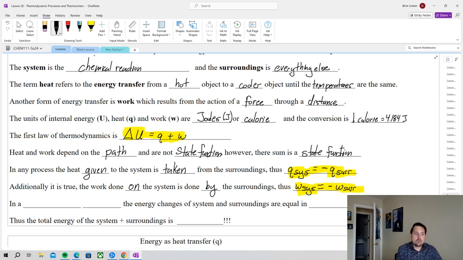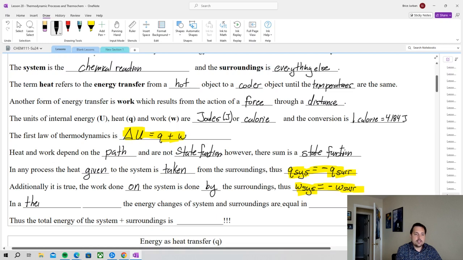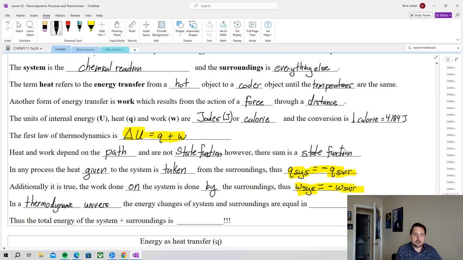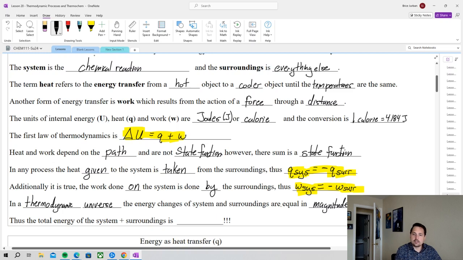Okay. One other thing that I want to point out, one other definition, is that in the thermodynamic universe that we're working in, which is defined by the system and the surroundings that we choose, the energy changes of that system and surroundings are going to be equal in magnitude and opposite in sign.